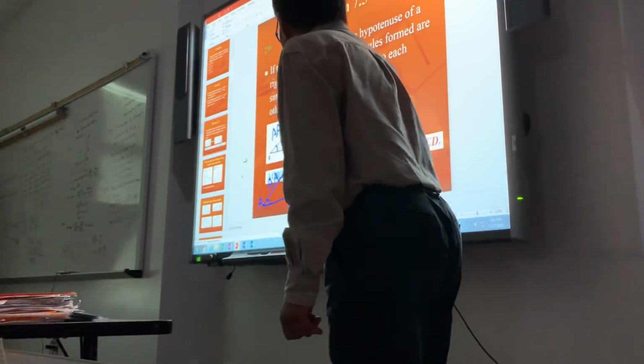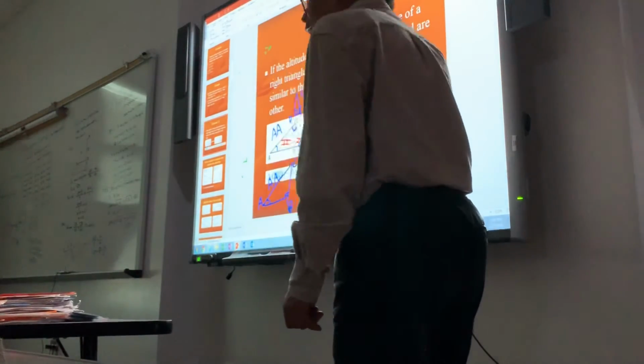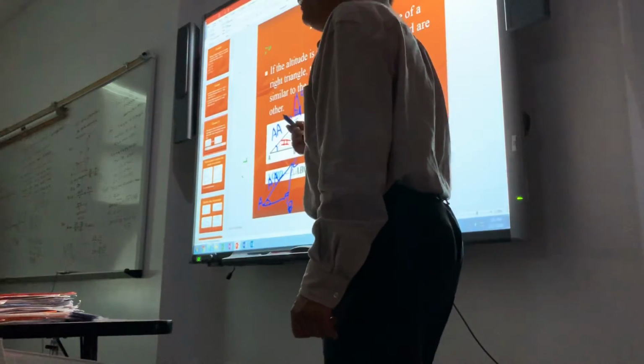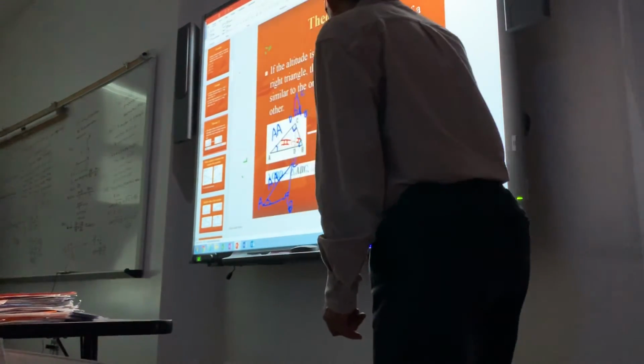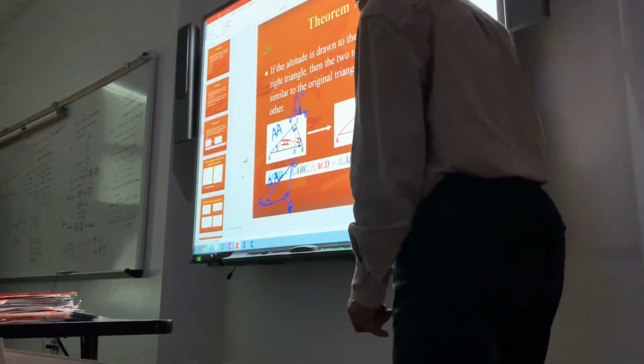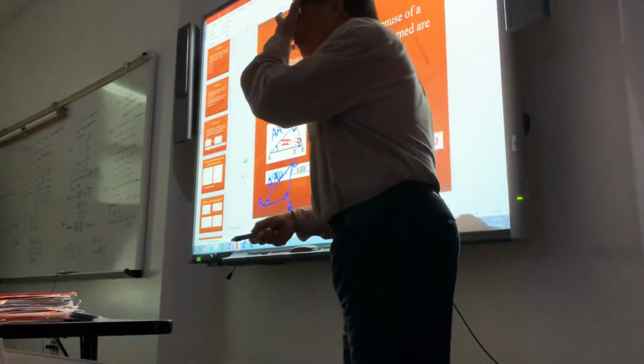Reflexive. Do you understand? So those three triangles, the original triangle, the second big triangle, and the smallest triangle, are similar.